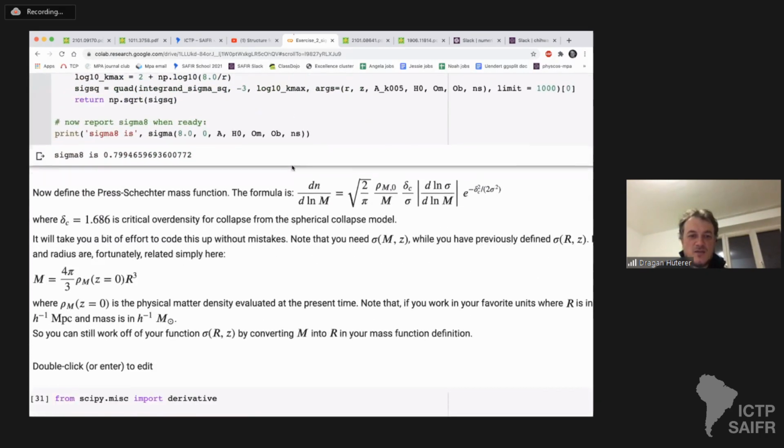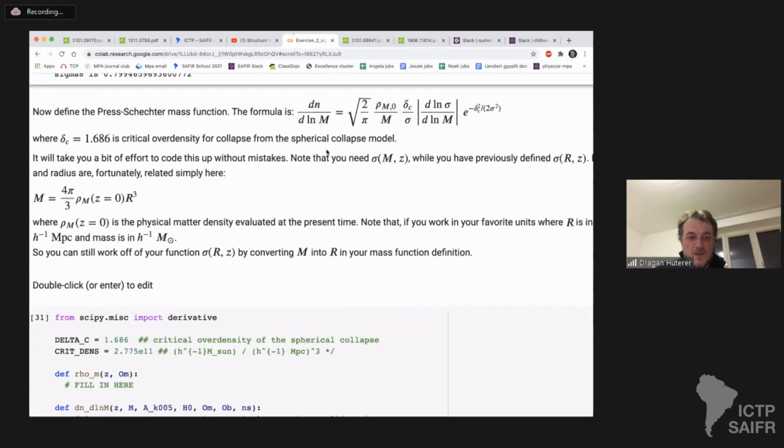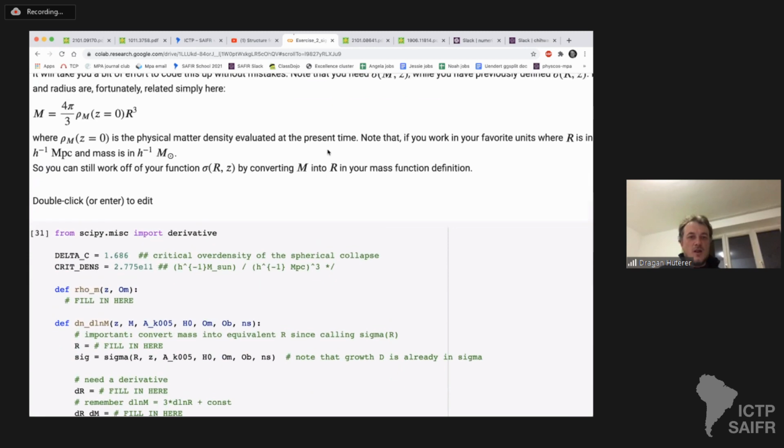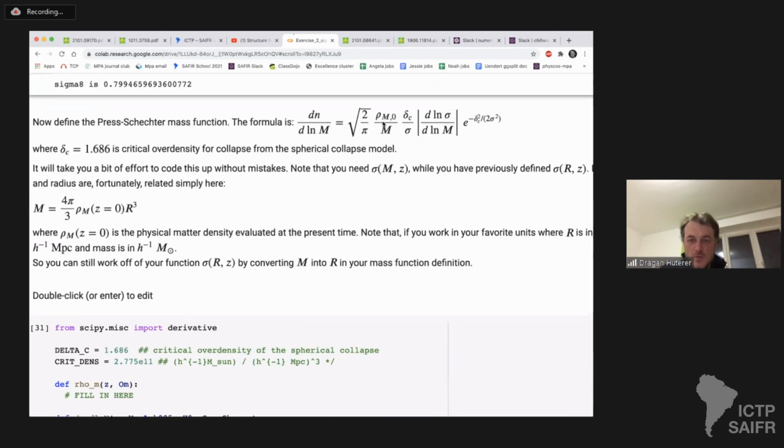Okay, so now that it's good, we have to code up the Press-Schechter sector, and I left some of these tasks for you. First of all, rho matter at z of 0 plays a role, so we'll need that. Then we'll need the derivative of sigma with respect to mass.